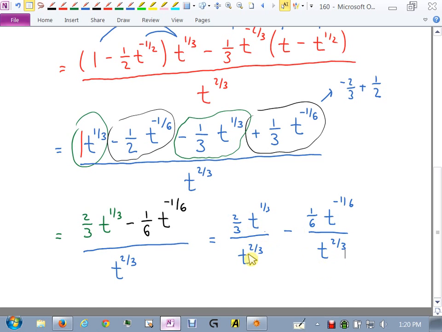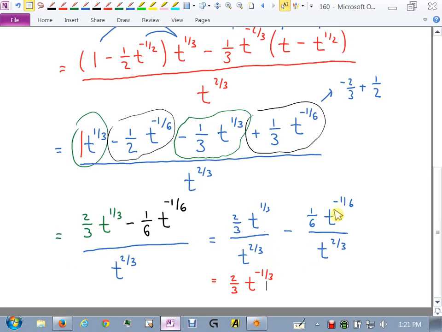How do you do these when you have division with these powers? Subtract. So I need to do 1/3, take away 2/3, which is negative 1/3. So I'm almost there. I have the 2/3 that were up there. When I do the property of exponents, I get negative 1/3 here for these two together.